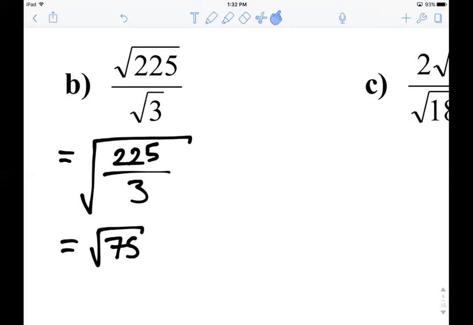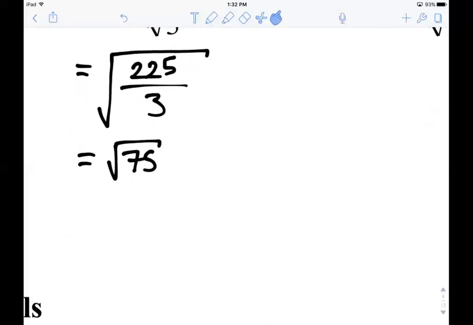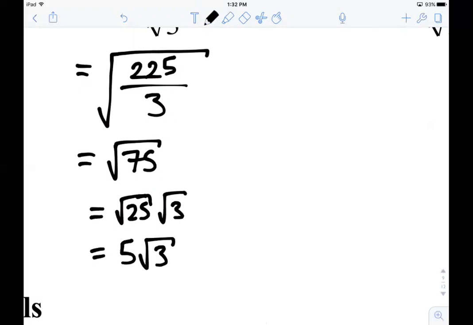And now we need to think, can 75 be broken up in any sort of way that produces a nice perfect square? Well, you might remember that 75 is a multiple of 25. It's 25 times 3. So it's like a root 25 times a root 3, or that's like 5 root 3 when I square root the root 25 that I actually am able to.